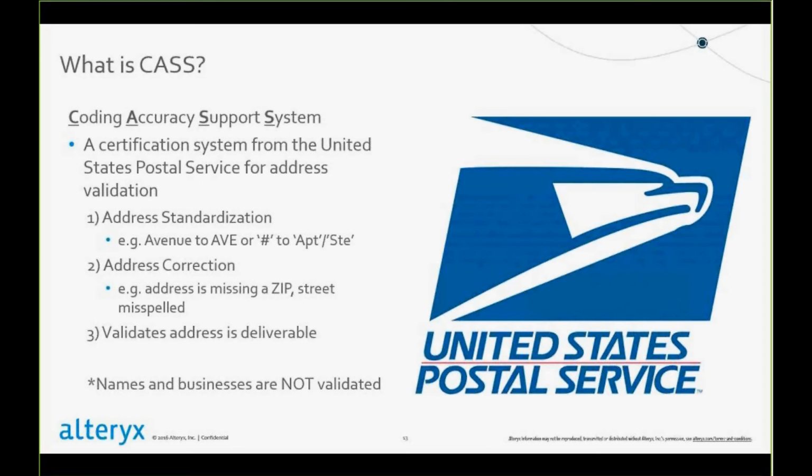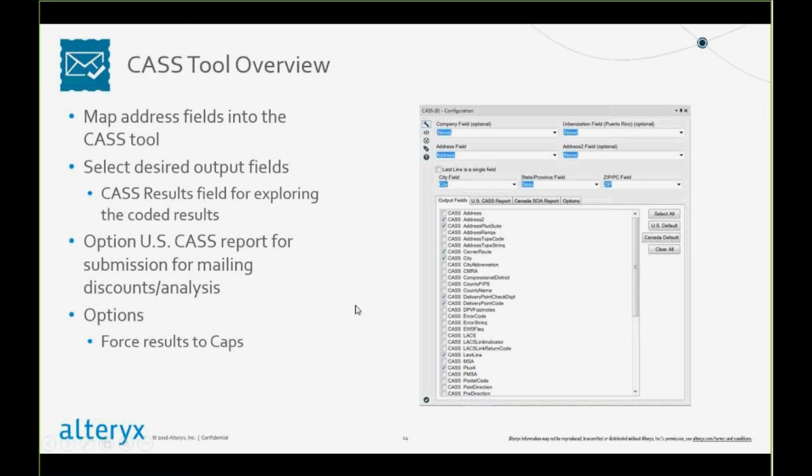Just a little overview on CASS, again, for those who either don't subscribe and are curious about it, or for those who do subscribe. It is the address standardization I talked about, and it does things like what you'd see here, converting things into a consistent format. It'll also correct zip codes, which is very nice. The CASS tool itself looks like this.